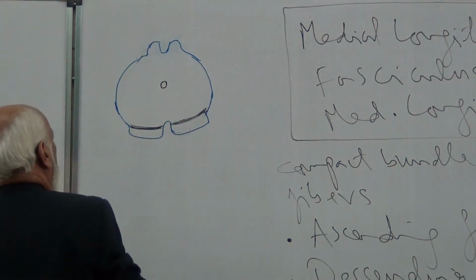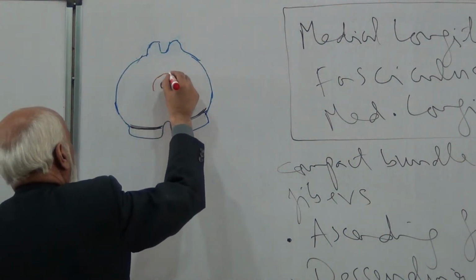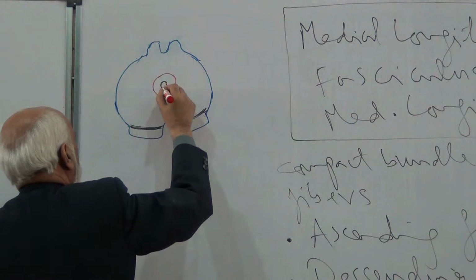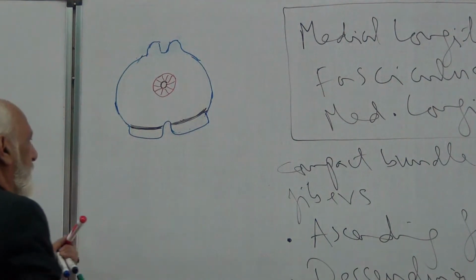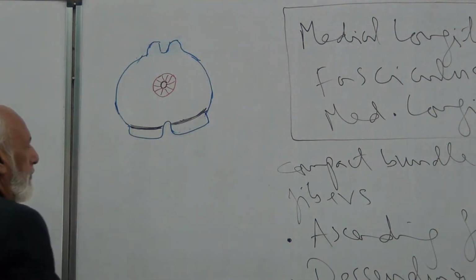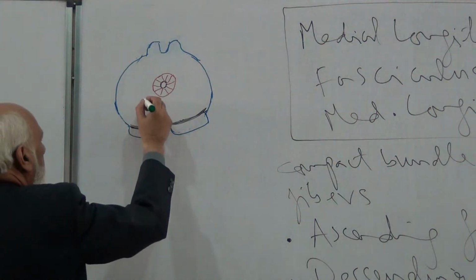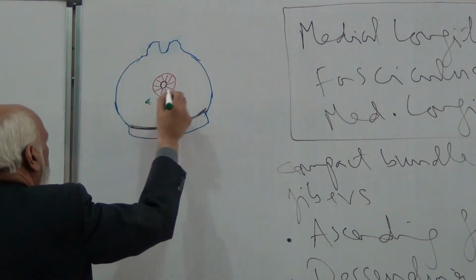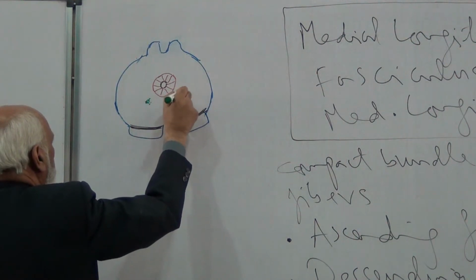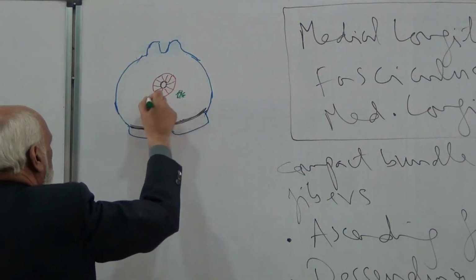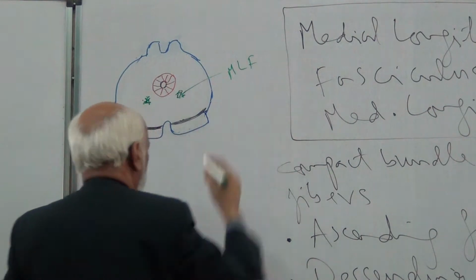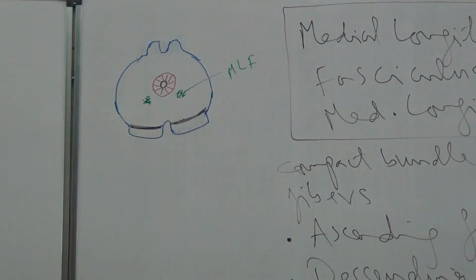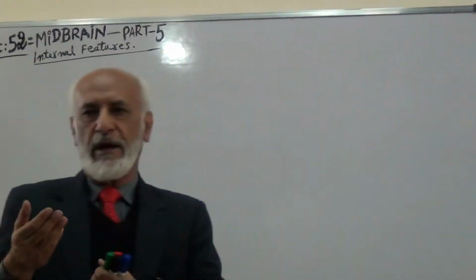And you know the cerebral aqueduct is surrounded by central gray matter known as the periaqueductal gray matter. Now this medial longitudinal fasciculus is located in the tegmentum anterolateral to the periaqueductal central gray matter.